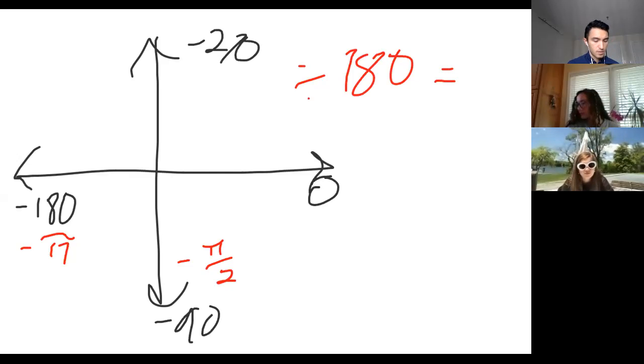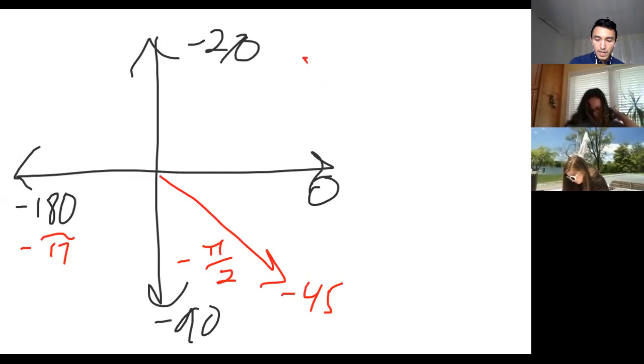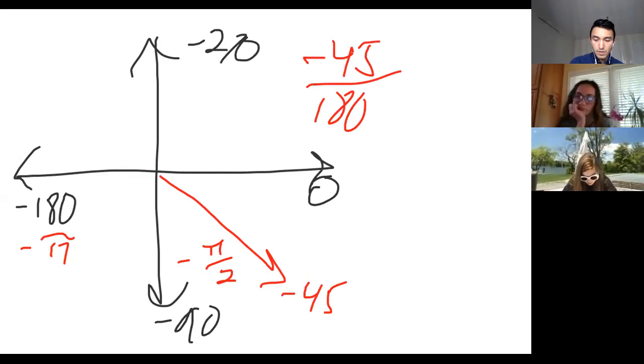So it's a good example real quick. If negative 45 is here, it's the same thing. You just do negative 45 divided by 180, which is going to give you negative 1/4.